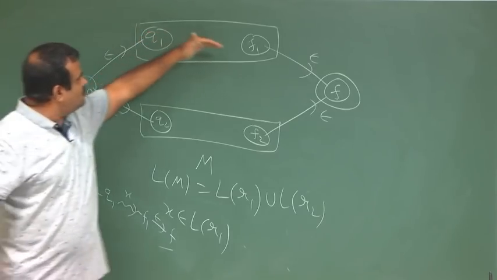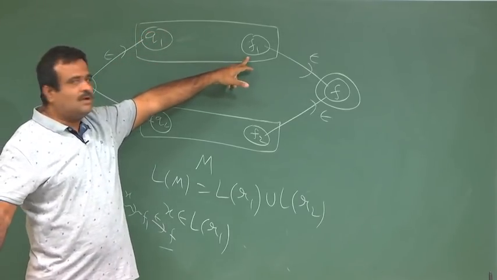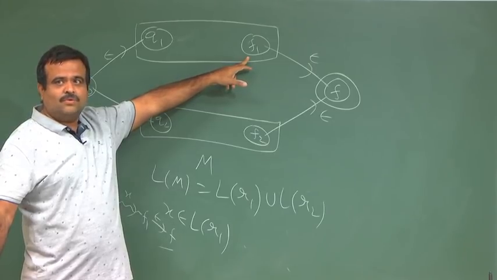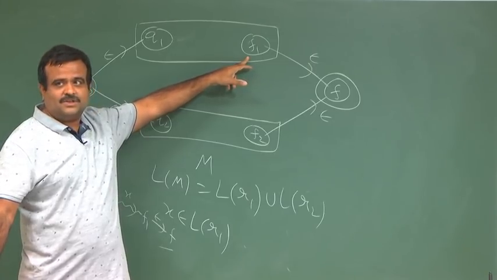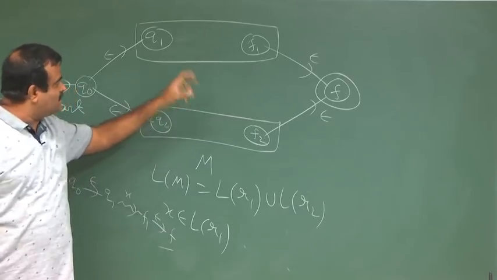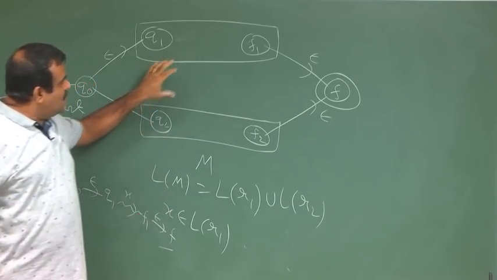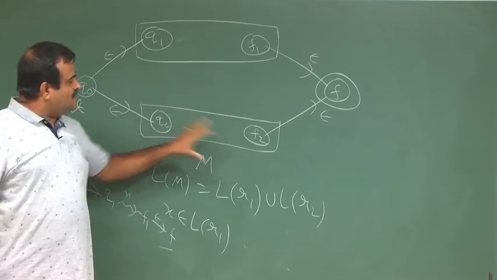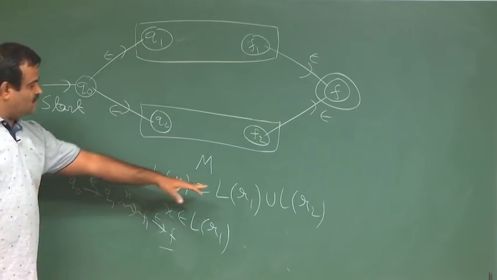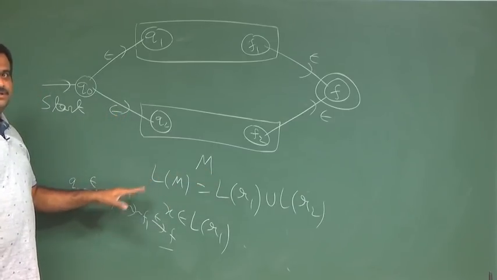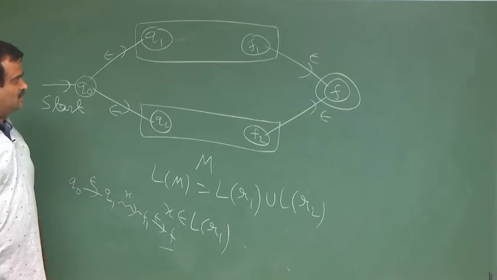If it goes through this path, it has to reach f1, the final state of M1, so that string is accepted by M1, or it has to reach f2, so that string is accepted by M2. So, this is a subset of that, and that is a subset of this. From here we can say this is equal.